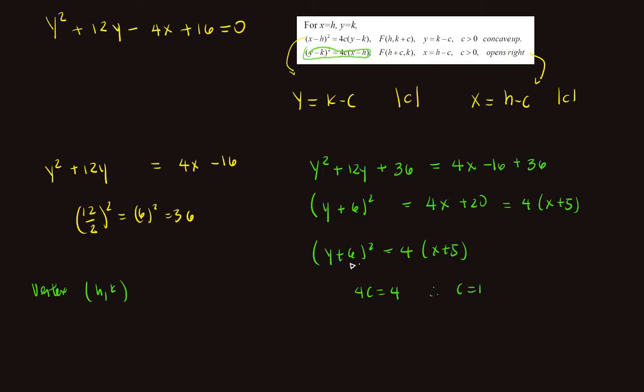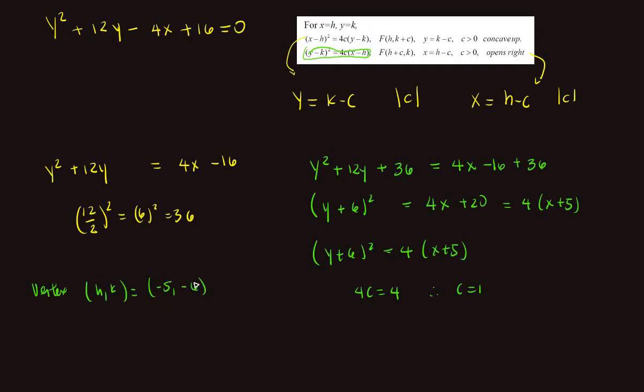Here, -5 and -6, because in the equation it appears as y minus k and x minus h. We have +1, so it's going to be h is -5, and k is -6, -5 and -6.